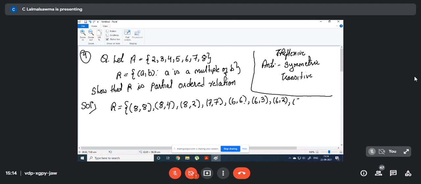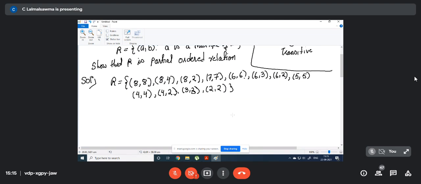Now 5 is also a prime number, which means that it is only divisible by itself. 4 is divisible by 4 and 2, and 3 is also a prime, only divisible by 3. Also 2 is a prime, divisible by 2. So this is our relation R.